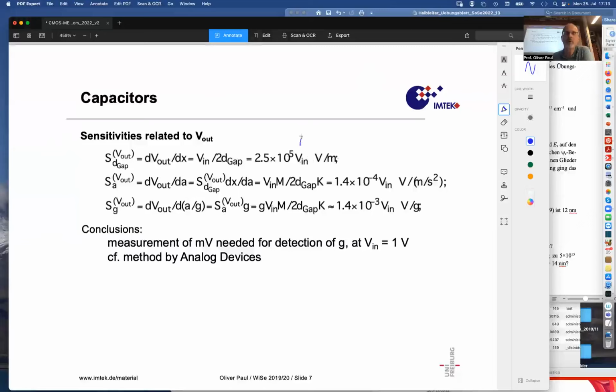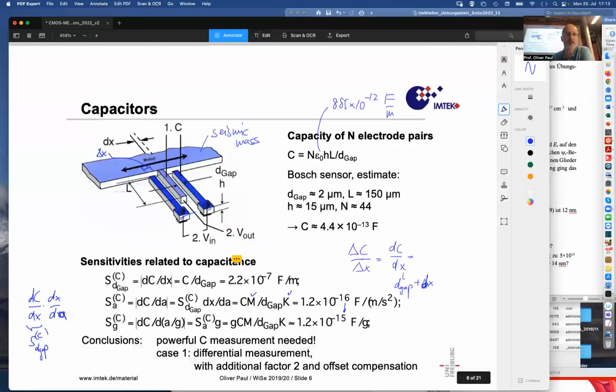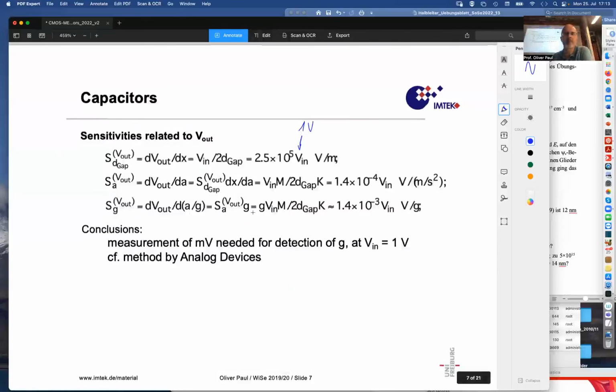So if we put in 1 volt between those two counter electrodes, here 0 and 1 volt, then we will obtain 2.5 times 10 to the 5 volt per meter of change, or microvolt per micrometer change of horizontal motion.